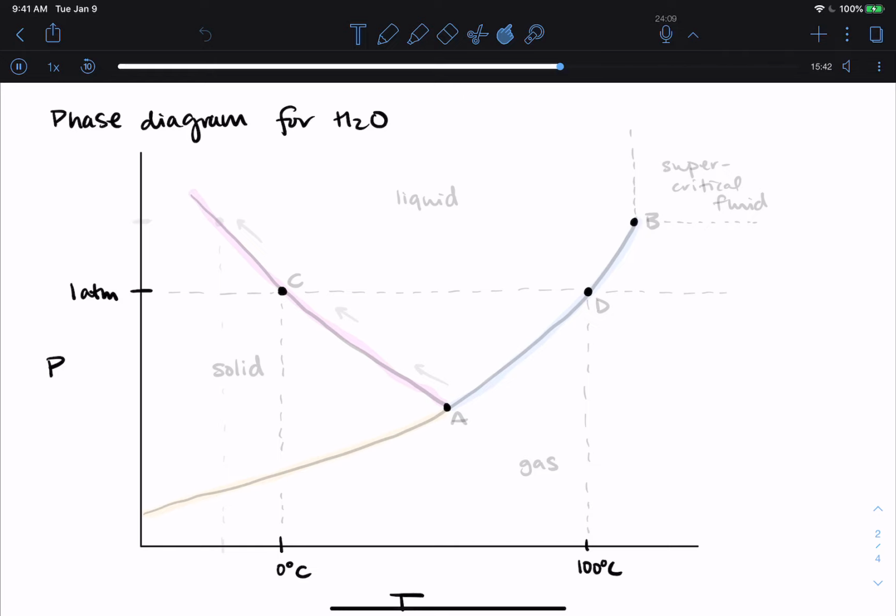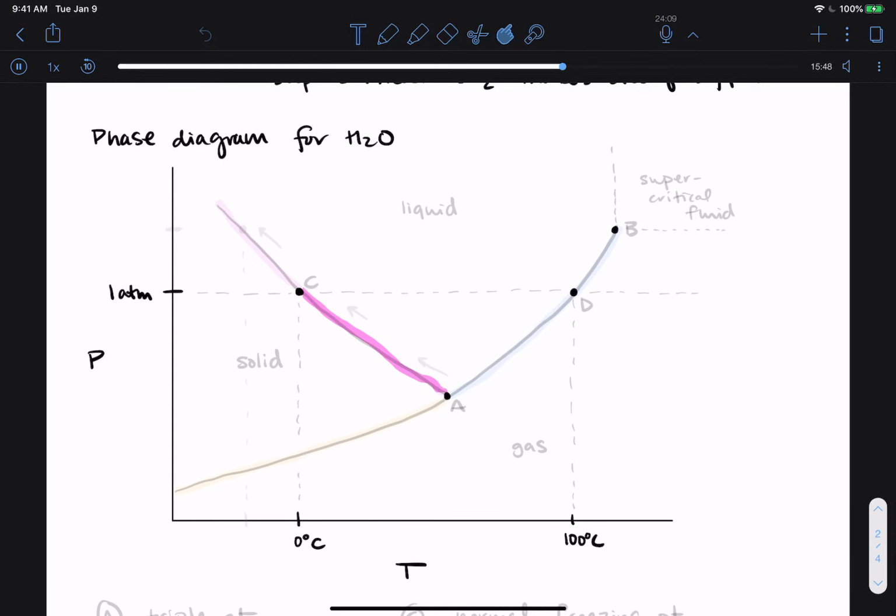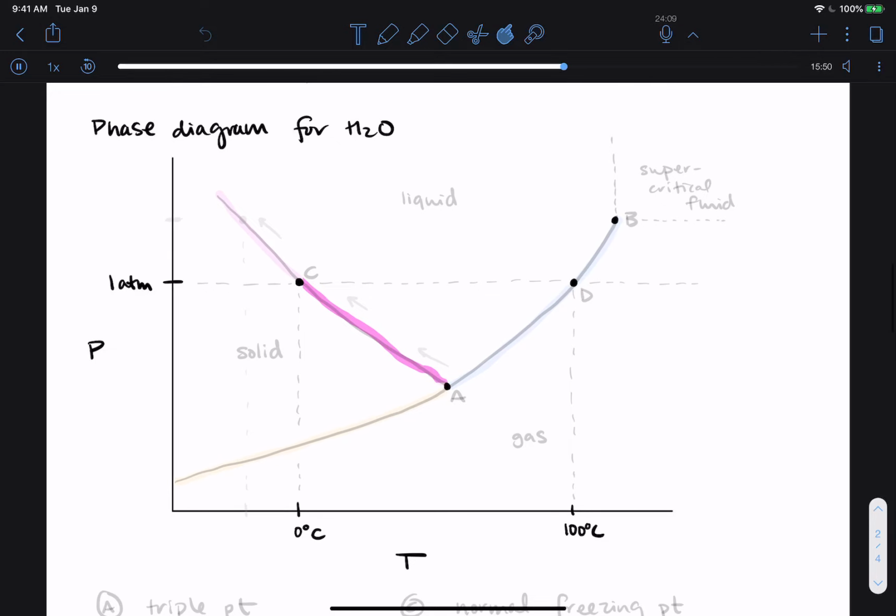Now that I have the points on here, I'm going to add some lines, and then we'll get the sections labeled. I have one line that is going to come through here, and then one more that comes this way. And if I label these C, A, D, B, maybe not the best order, but we can talk about what each of these points are and what each section is.